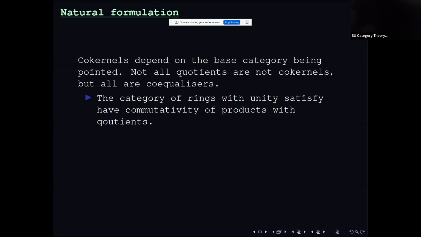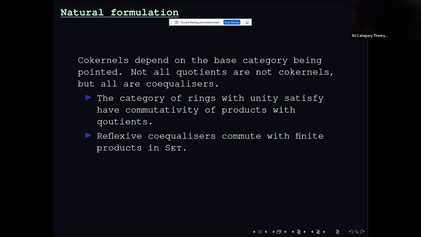For instance, in the category of commutative rings with unity, we don't have a zero object, so we don't have co-kernels. And of course, we have a notion of quotient by congruence, and in the category of sets, for example, quotient by equivalence relation. All these notions of quotients are not examples of co-kernels, but they are examples of co-equalizers.